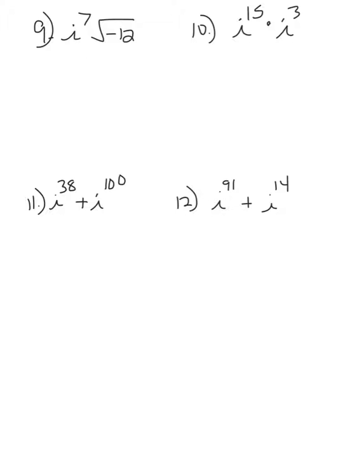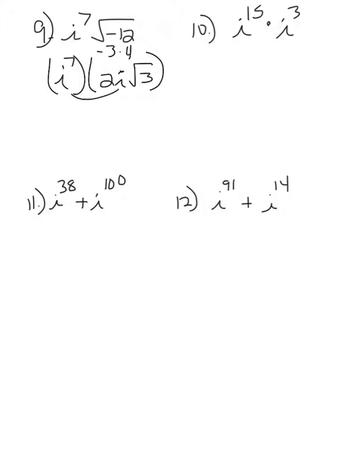Okay, and number 9, same type of situation. i to the 7th times, you take the square root of negative 12. Obviously, that's really 3 times 4 and a negative sign. So we know the 4 is going to come out as a 2. We know the negative sign is an i, but the 3 is not coming out. So now we multiply.